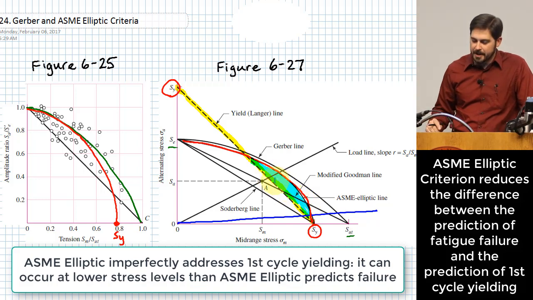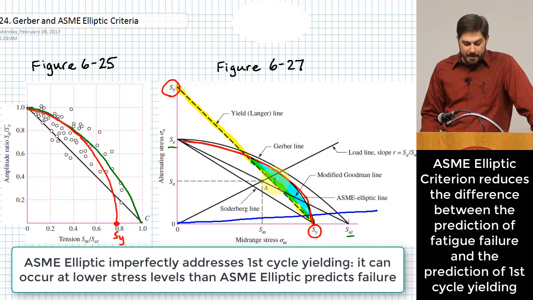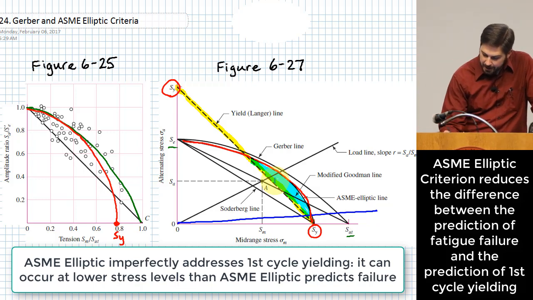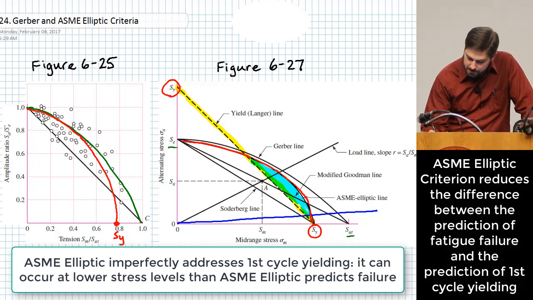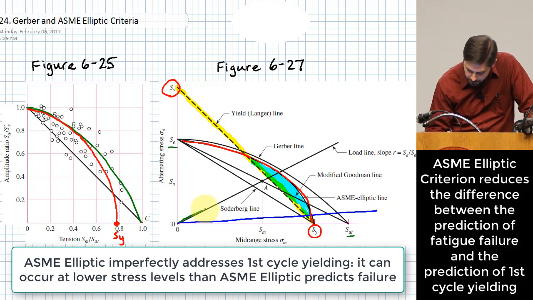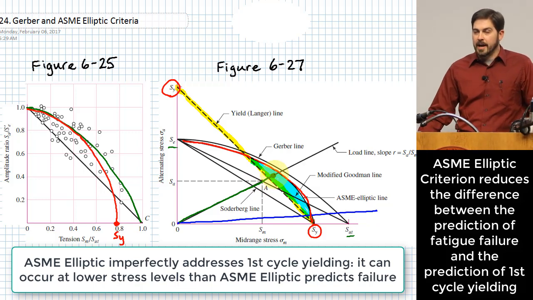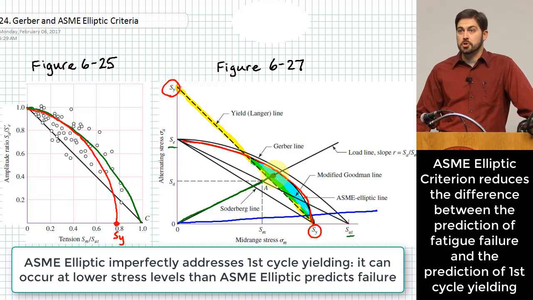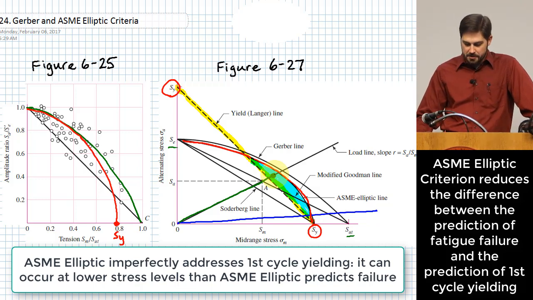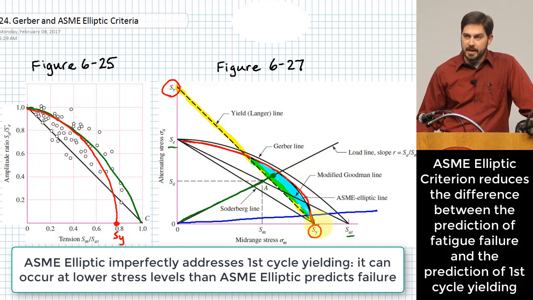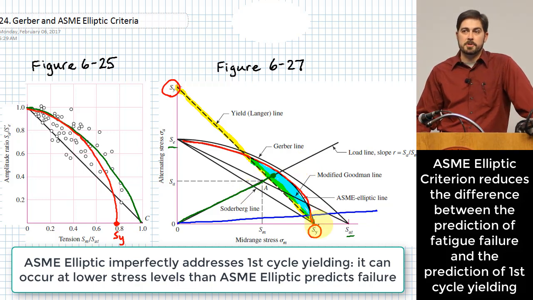See that little area right in there? The problem there is that on this load line, as you get more and more severe loading, you get further and further out on this load line, and you could end up in a spot like right there. What happens right there? Right there, you are having first cycle yielding. You should predict that you have first cycle yielding because you're outside of the Langer line, but you're inside of the ASME elliptic line, which means that ASME elliptic is not yet predicting failure.